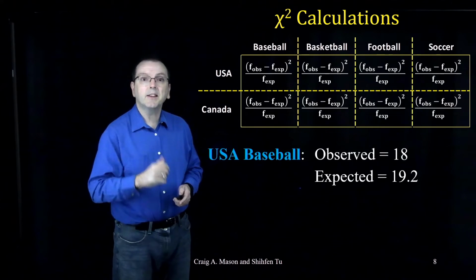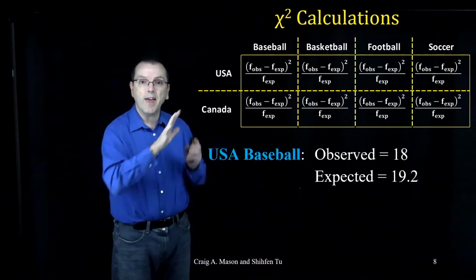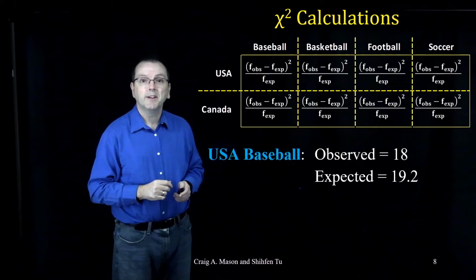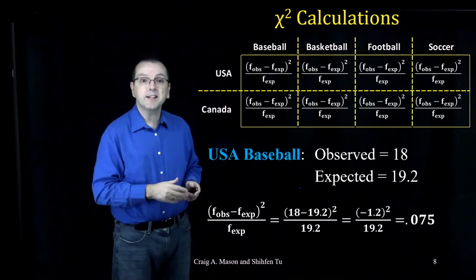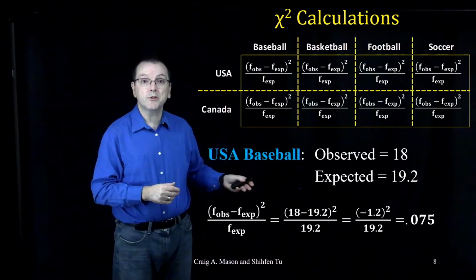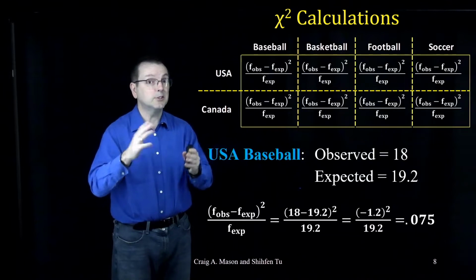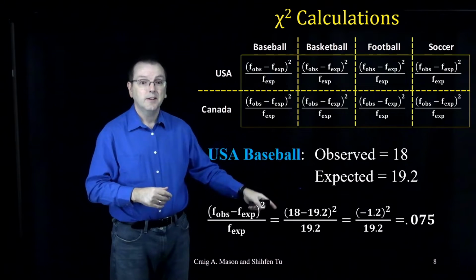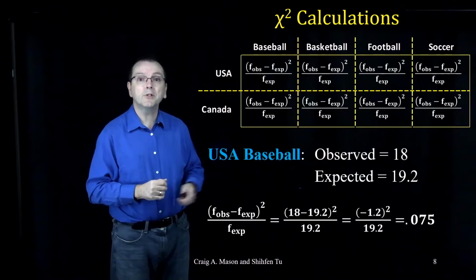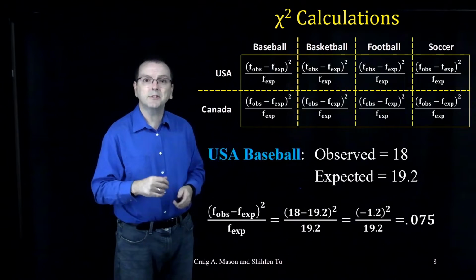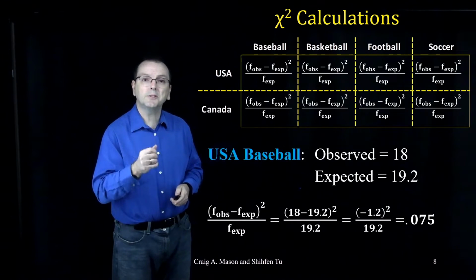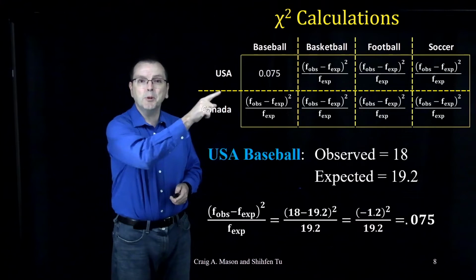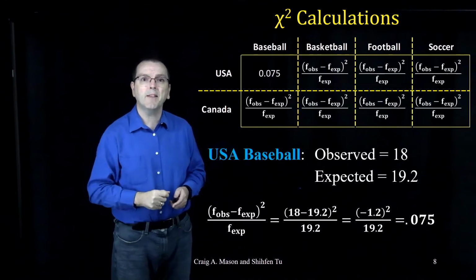So let's calculate the value for that cell, that combination. It's just 18 minus 19.2, that difference squared, divided by 19.2, that solves to 0.075, and let's put that in the cell up here then, all right?